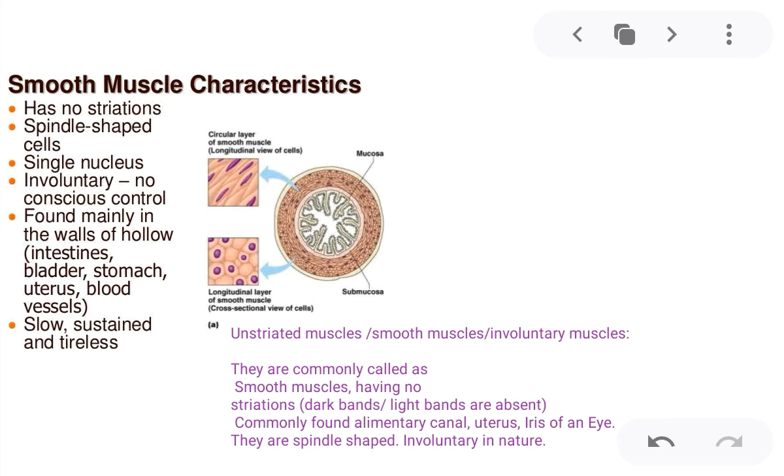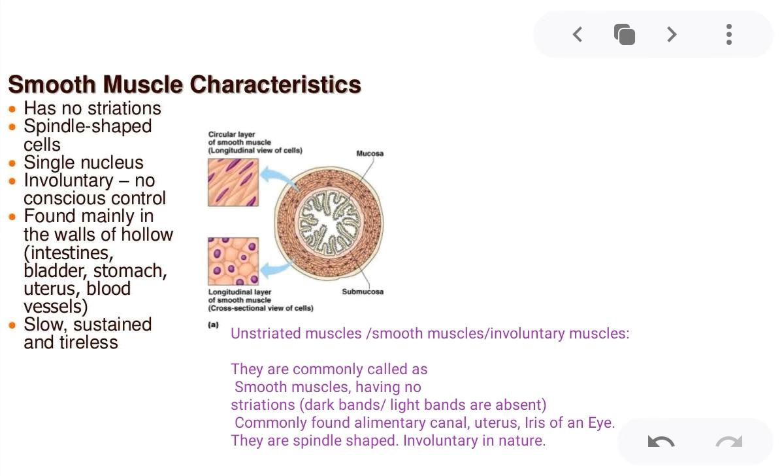Once you swallow the food, you can't stop the movement. Contracting and relaxing of blood vessels also you can't stop. So both are involuntary in action. We cannot really start or stop them simply by wanting to. So smooth muscles, or involuntary muscles, control such movements.